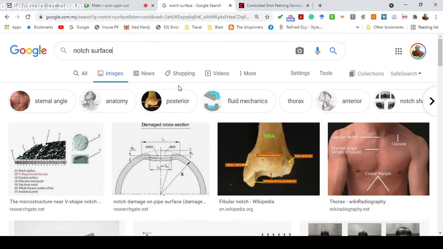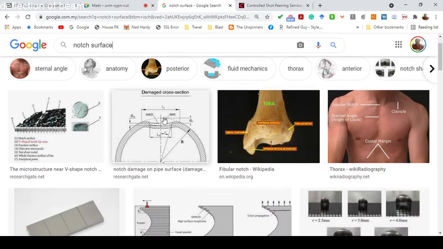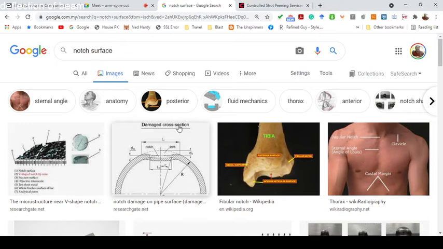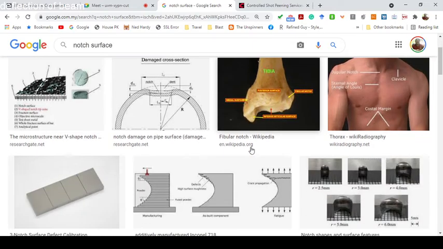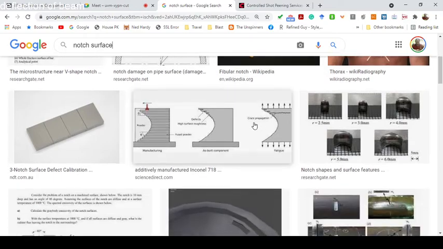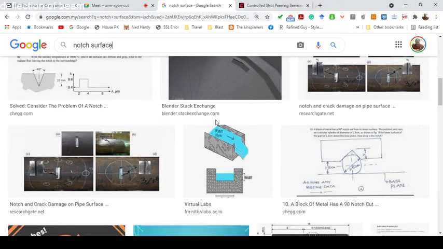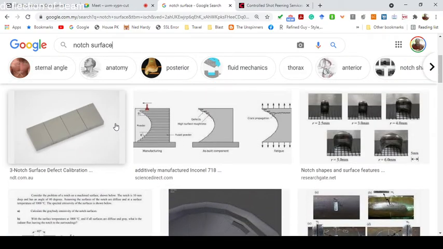If you type the word notch, it is also used in medicine, but in engineering, a notch means a space like this. In Malay, it is called takek. There is a space, that is a notch.